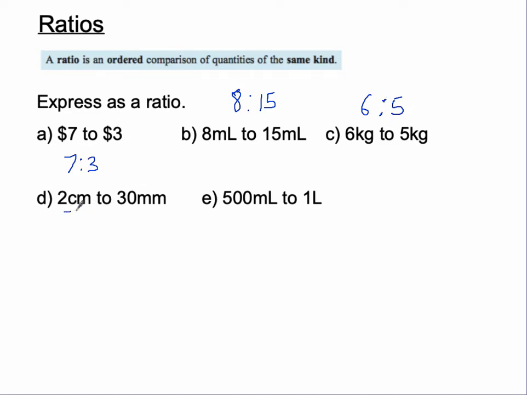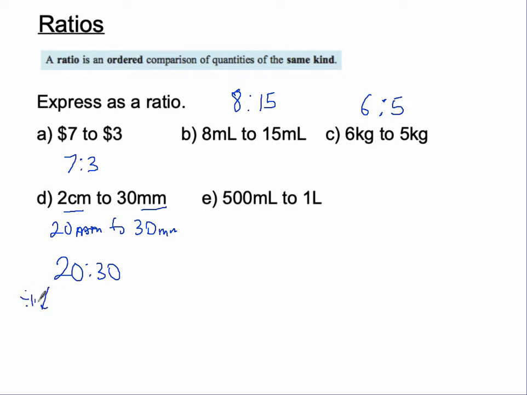And next example though, we have centimeters and millimeters, so you've got to make sure you have the same units. This is 20 millimeters to 30 millimeters. So that's a 20 to 30 ratio. And we could divide both of them by 10.